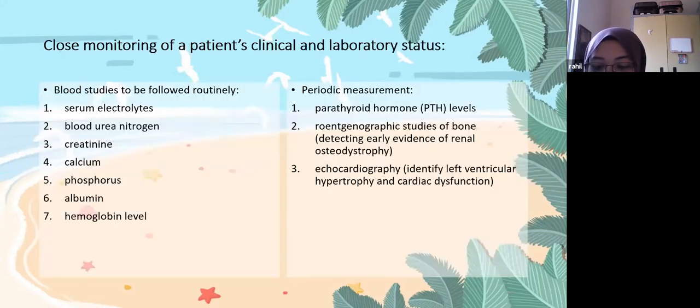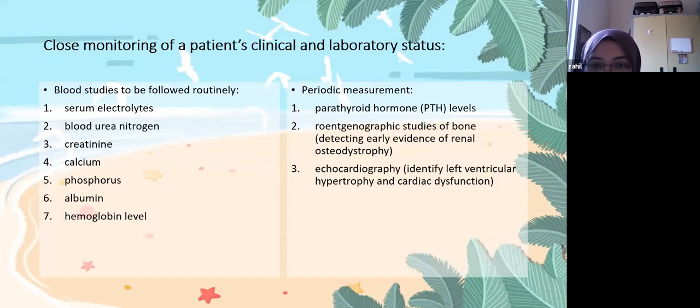In management of CKD, it requires close monitoring of the patient's clinical and laboratory status. In blood studies we need to monitor closely the serum electrolytes, blood urea nitrogen, creatinine, calcium, and so on.